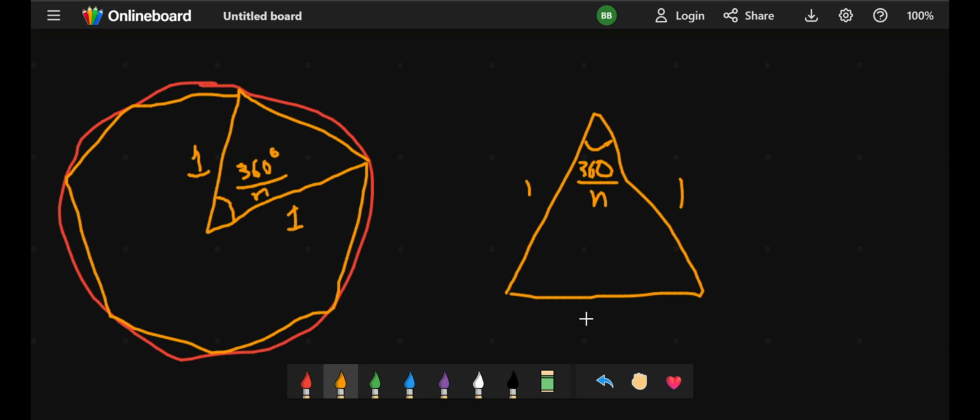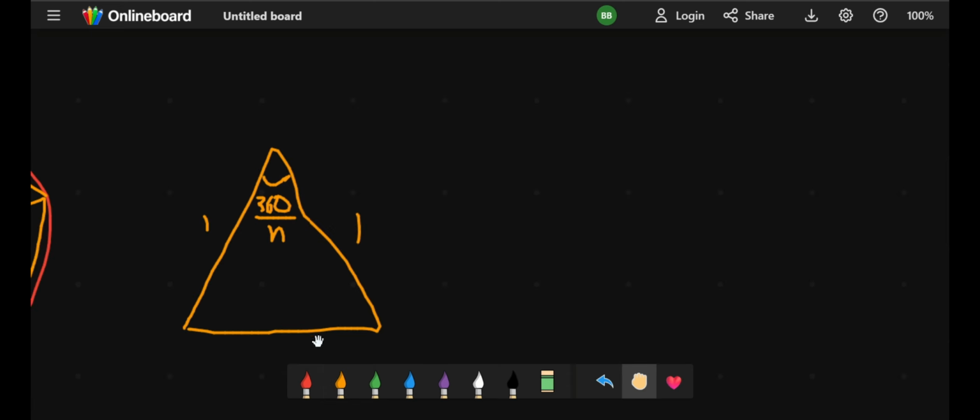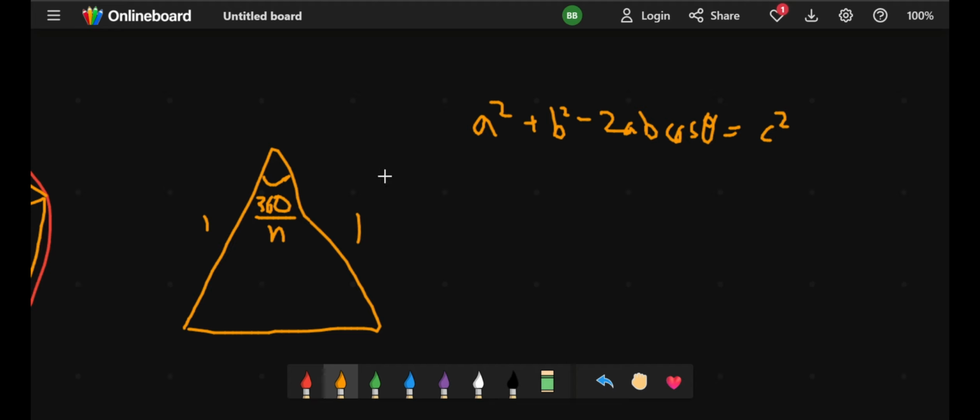We're going to use the law of cosines to try and find this side right over here. Once we find this side, we can use that to find the perimeter, just multiplying by n. So, as a refresher, the law of cosines says a squared plus b squared minus 2ab cosine of theta is equal to c squared, where a is this side, b is this side, and theta is this angle right here.